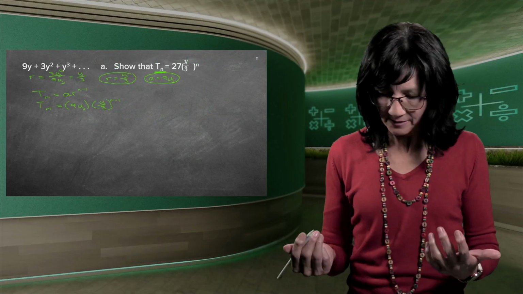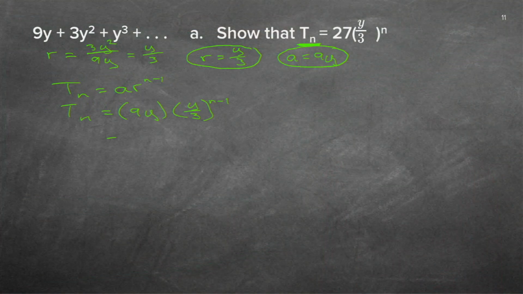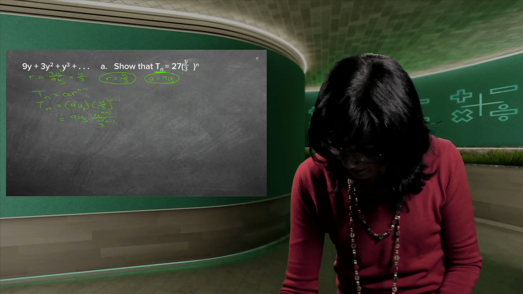So let's just take out the brackets and see if I do this. If I say 9y times y to the power of n minus 1 over 3 to the power of n minus 1. Now, I see all over a minus 1 and a minus 1, and I see a y to the n, and I see a 3 to the n, because remember, look what they've got there.